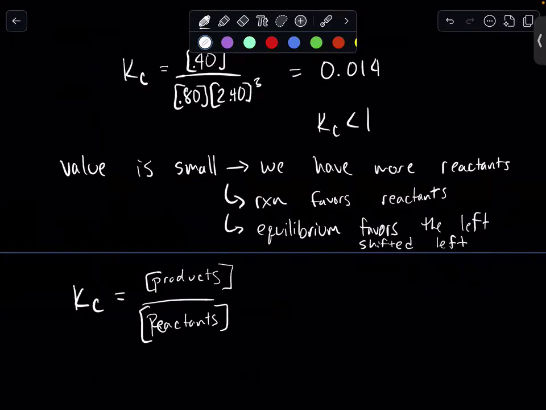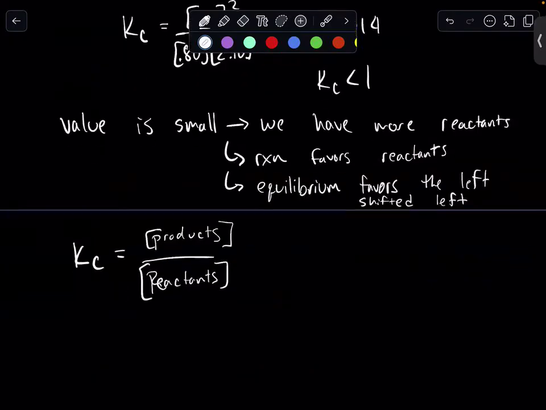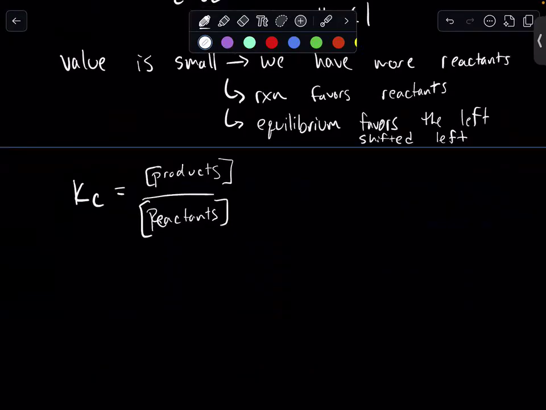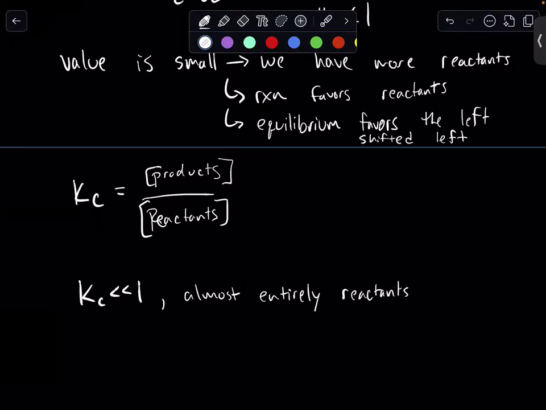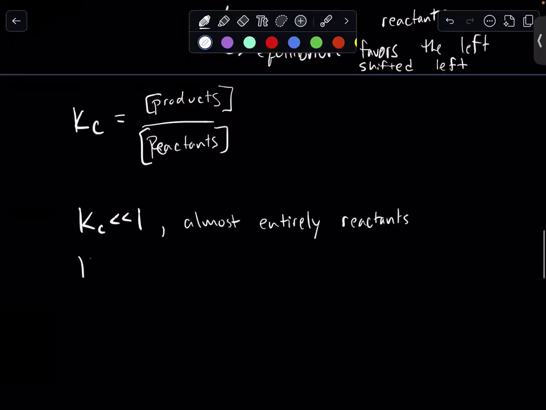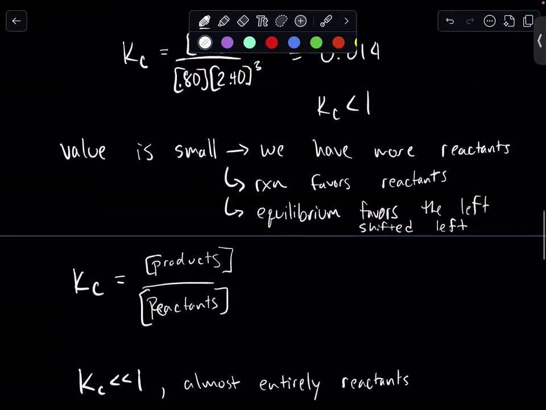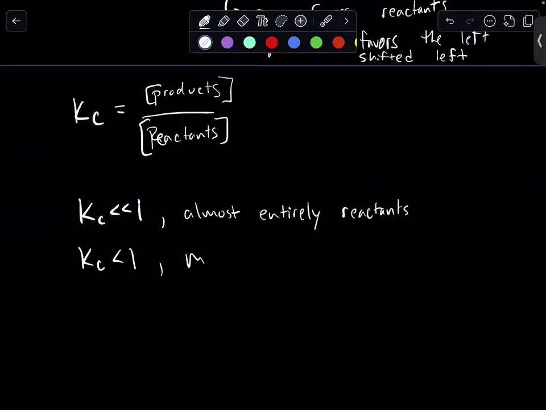And because it shows our products over the reactants, we can create kind of a mathematical representation of it, where we say that a Kc that is very, very much less than 1, like something like 10 to the minus 5th, 10 to the minus 6th, this would be almost entirely reactants. So if we're looking at a reactant mixture, it's almost entirely reactants. A Kc that is just less than 1, like kind of what we see with this Haber process example, is that it is mostly reactants.